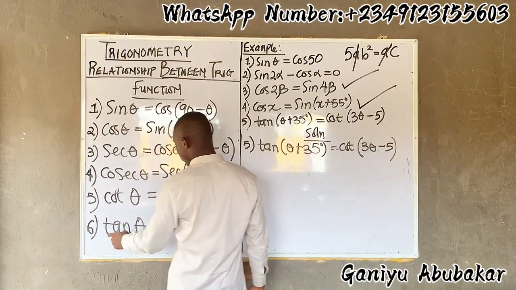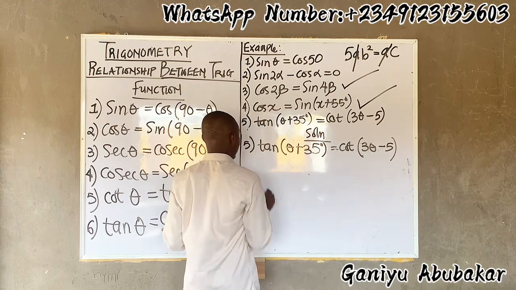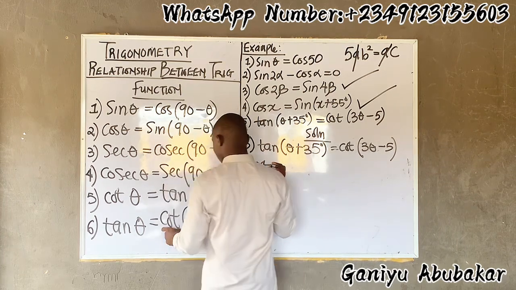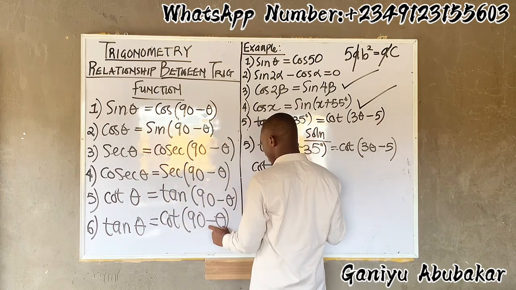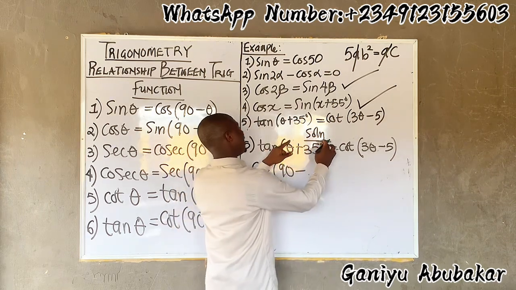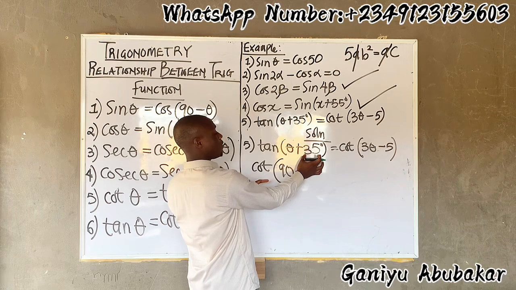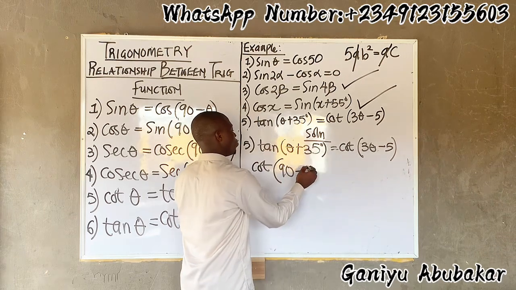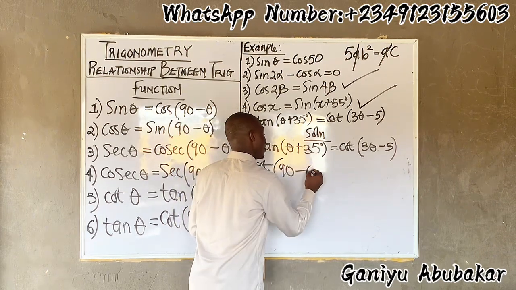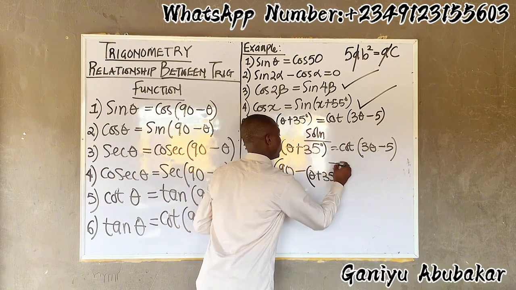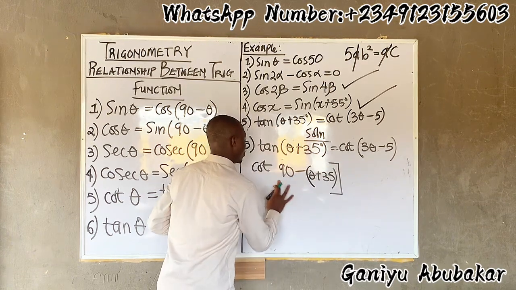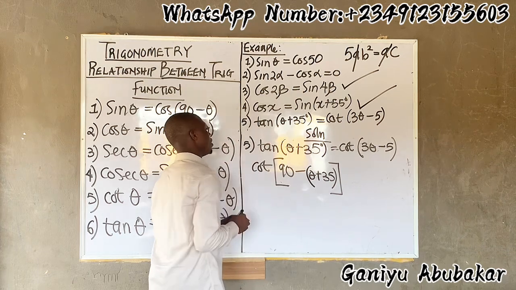So for tan, observe, that becomes cot. So I have cot of 90 minus theta. My theta here is everything, not just 35, everything in the bracket. So put a square bracket around everything here, theta plus 35. Listen up.